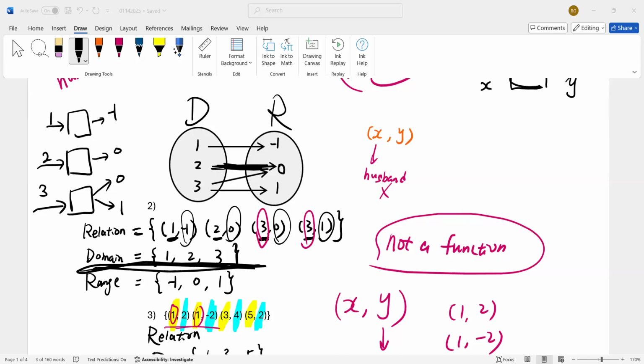When you give the input 3, two different outputs will come out as a result. So that broke the deal. So this relation is not a function. To be a function, for any given domain element, for every single x, for every single input, the machine can only produce exactly one corresponding output.